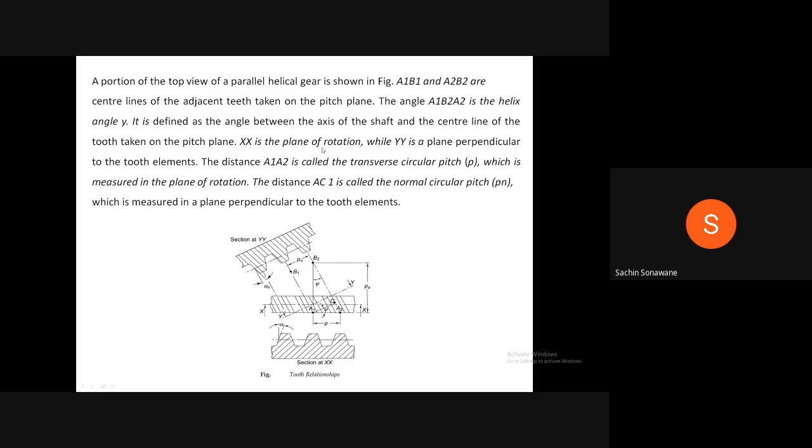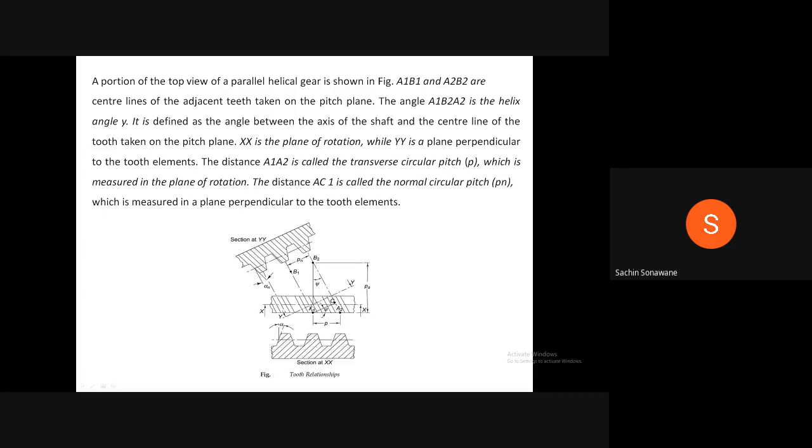XX is the plane of rotation while YY is a plane perpendicular to the tooth elements. The distance A1A2 is called the transverse circular pitch P, which is measured in the plane of rotation.